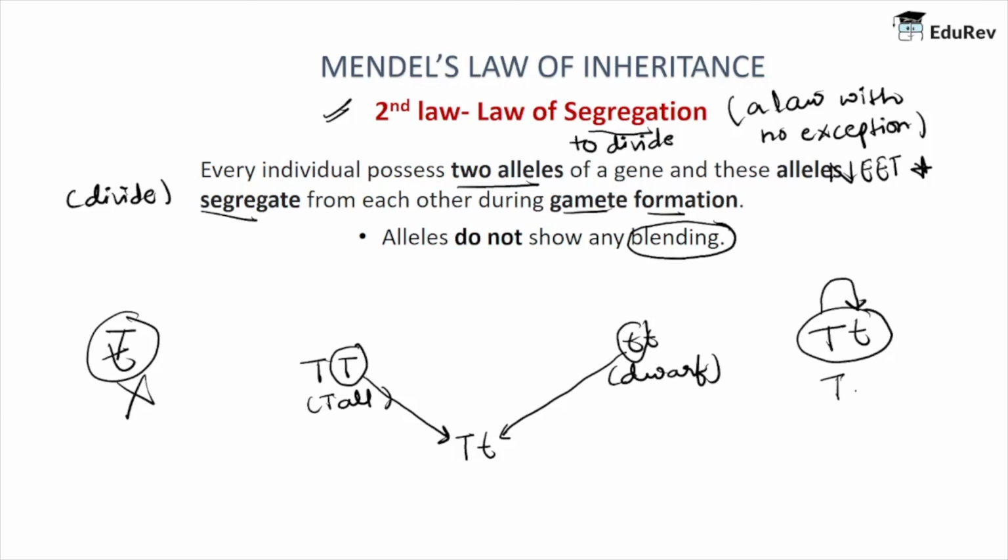So that is why this plant is tall, but there is no blending. There is no mixture of these two gametes. Yes? So I hope you understood what the law of segregation is, that here the gametes are segregating and then coming into the offspring. That is what the law of segregation states.